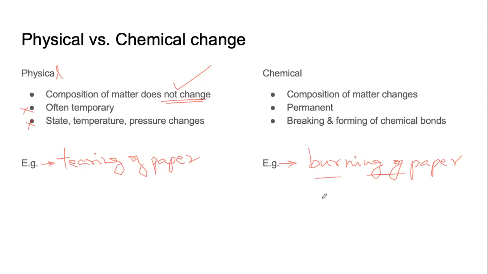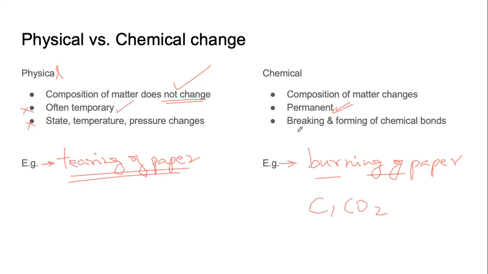We have some black thing, which is carbon. A gas is produced, which is carbon dioxide. The paper is no longer there. Now we have carbon and carbon dioxide. But ये जो paper फाड़ा है हमने, there is a method where we can again make paper from the torn paper.